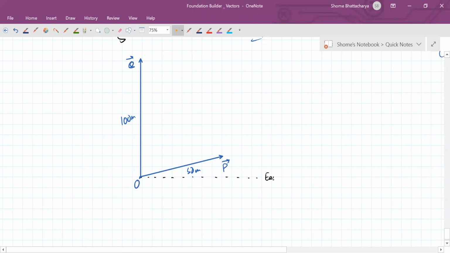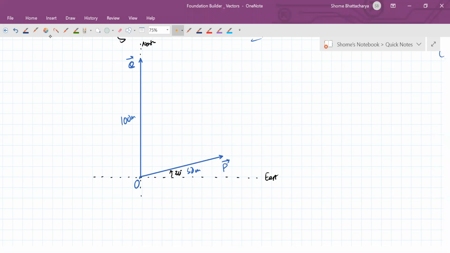This is pointing towards east, this is pointing towards north. So the angle between them, this angle is 30.